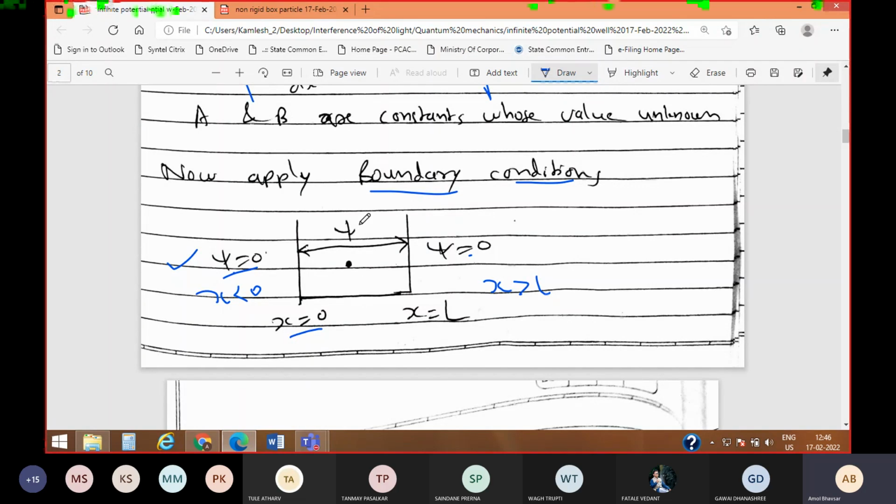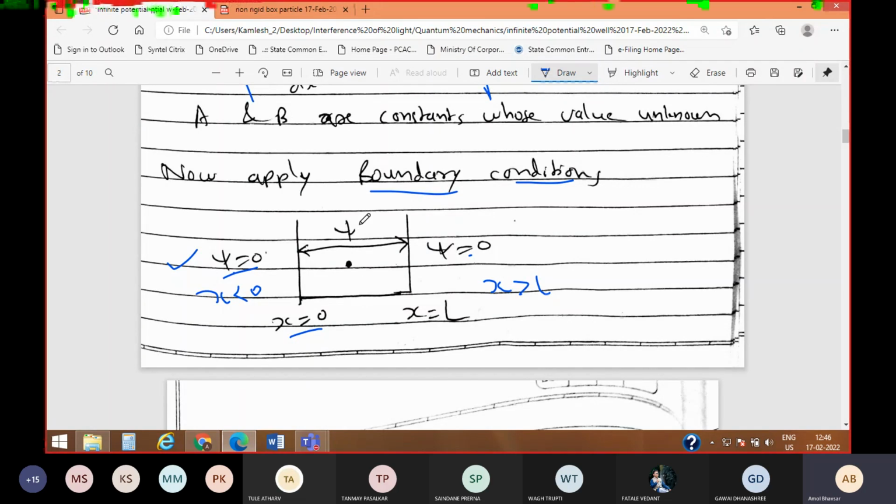We know that cos 0 is always 1. Then this term becomes 0, plus b into 1. So what I am getting is b becomes 0. So b is equal to 0, that I got after putting x is equal to 0 in the boundary condition on this equation.